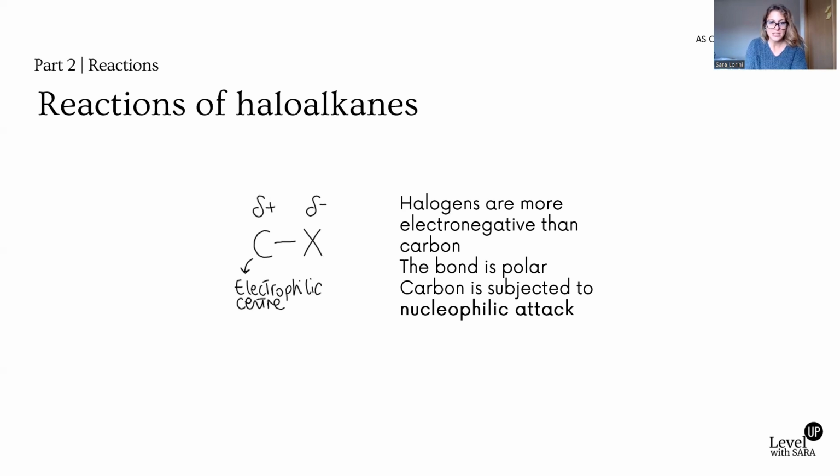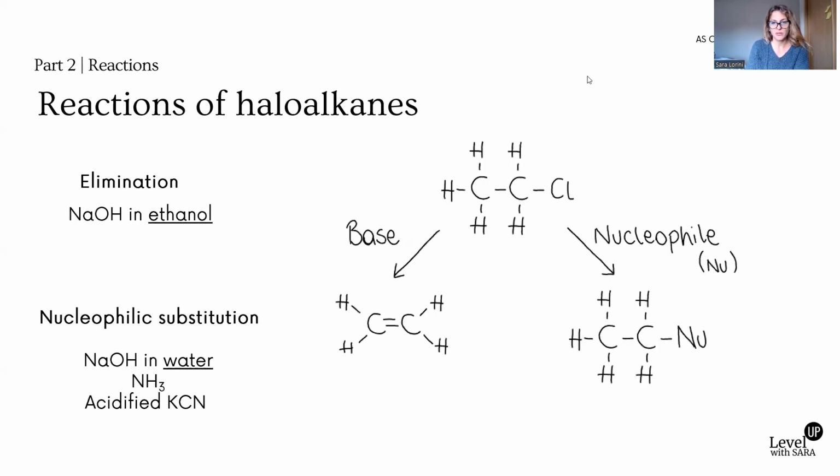Okay, so if we look at the reactions that could take place, we have two important ones to know. Elimination and nucleophilic substitution. In terms of mechanism, I want to focus now on the nucleophilic substitution. To identify the type of mechanism, always think about what you had as a reactant and what your product is and what's different.